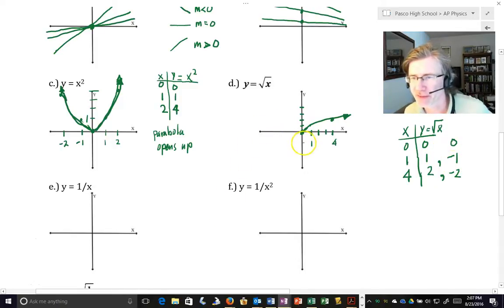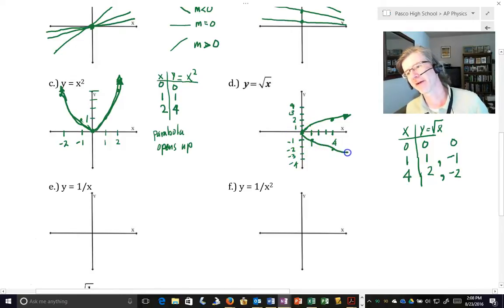So I can also do, let's do my scale down here, negative 1, negative 2, negative 3, negative 4. And this was 1, 2, 3, 4. So there is also a solution down here where the square root of 1, positive 1 is negative 1, and the square root of 4 is also negative 2. So this thing also opens down this way.